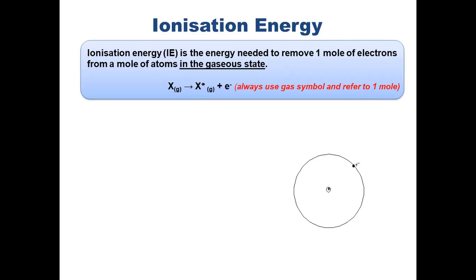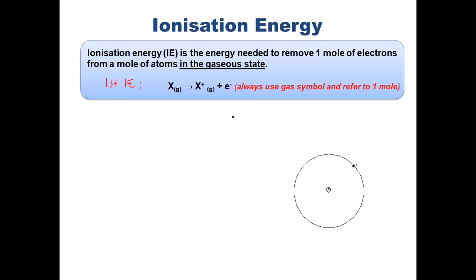And it turns into a positive ion, 1+, because you're losing 1 electron. It has to be in a gaseous state, plus 1 electron that has been removed. Okay, so this is the equation for the first ionization energy, when your first electron has been removed. You can then have the second ionization energy when the second electron is removed, and so on and so on.